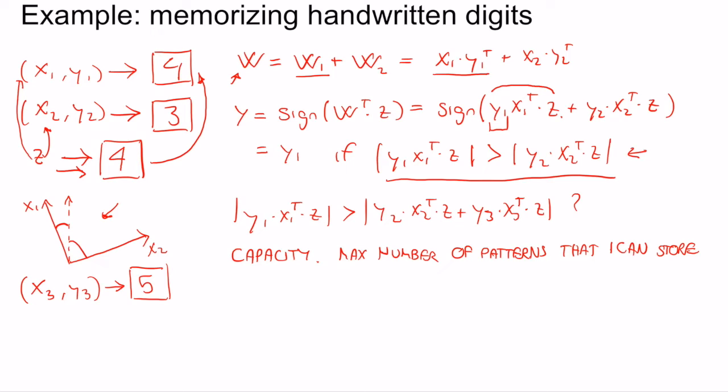Okay, so that's related to my crosstalk term, CT, which was equal to 1 over n of the summation of i different from j to m, the number of elements in i, of yi times xi transpose times xj.